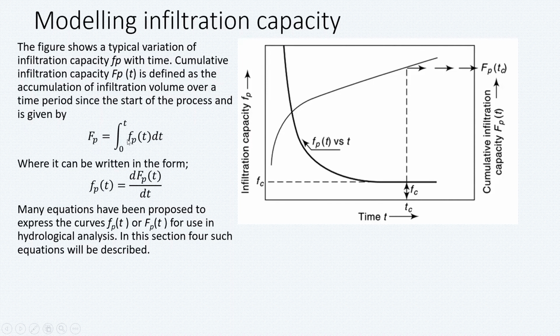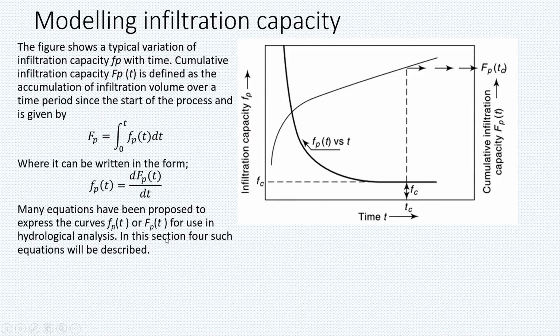Now, generally what you do is to measure the cumulative infiltration capacity. Maybe you are using an infiltrometer, you can just measure the continuous depth of water. So it will continuously increase, right? But if you take the differentiation, the derivative of this curve, it will give you the infiltration capacity. And at a certain point, it will come to a constant value.